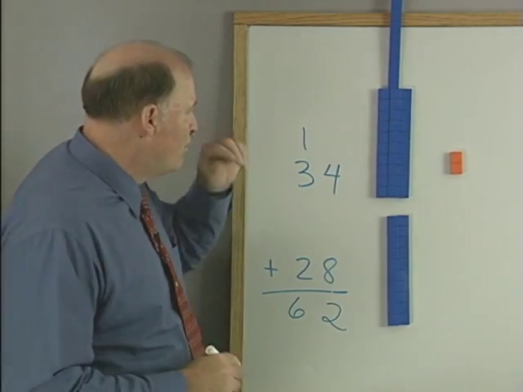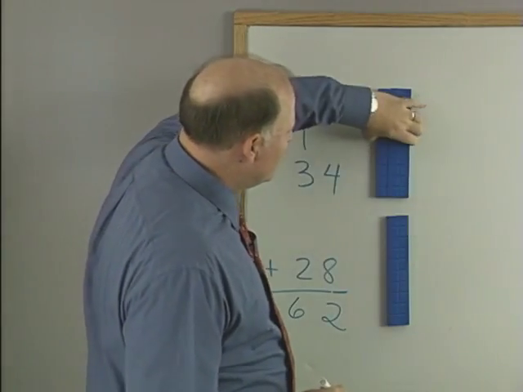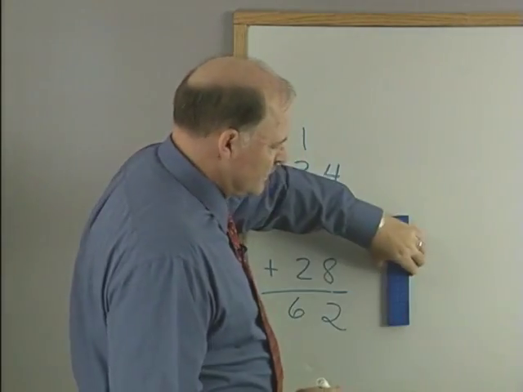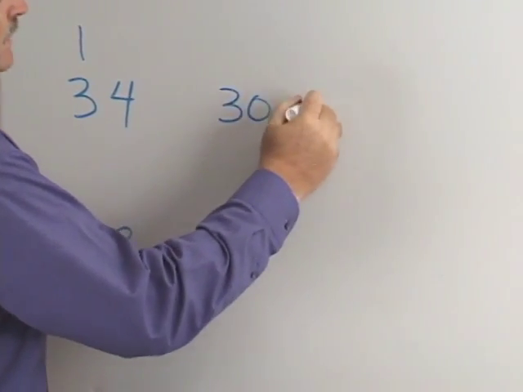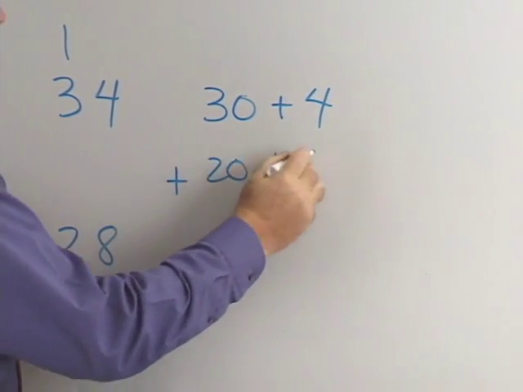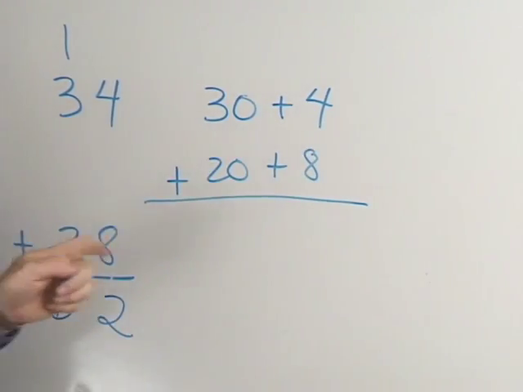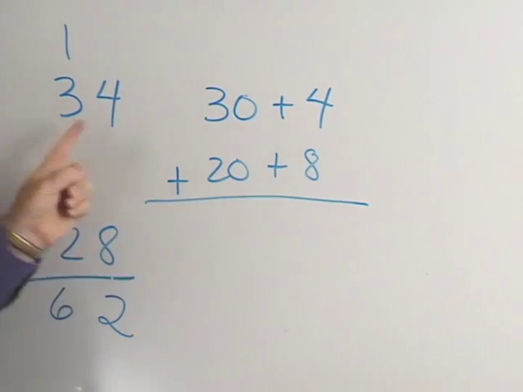This is called regrouping. Now, let's do the same problem, and we're going to use place value notation. See how this works. We have 30 plus 4 plus 20 plus 8. Now, do you see how this is the same as this? 2 10s, 8 units, 28, 3 10s, 4 units, 34, right?